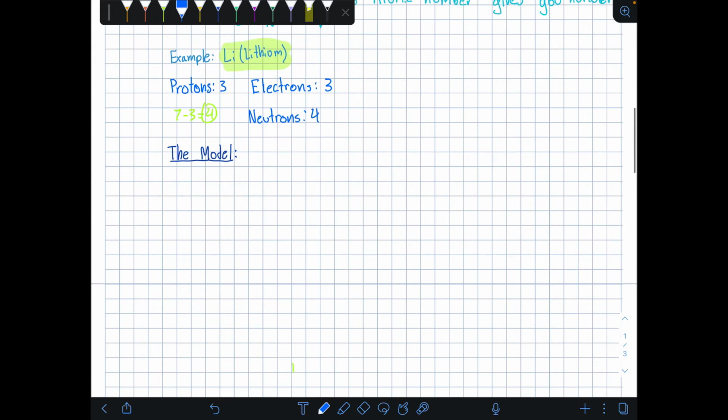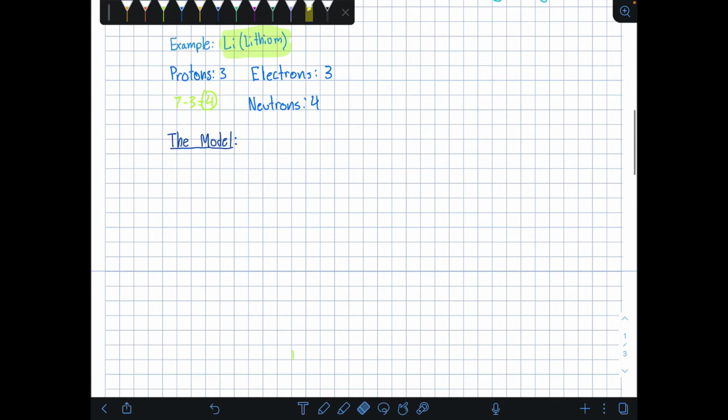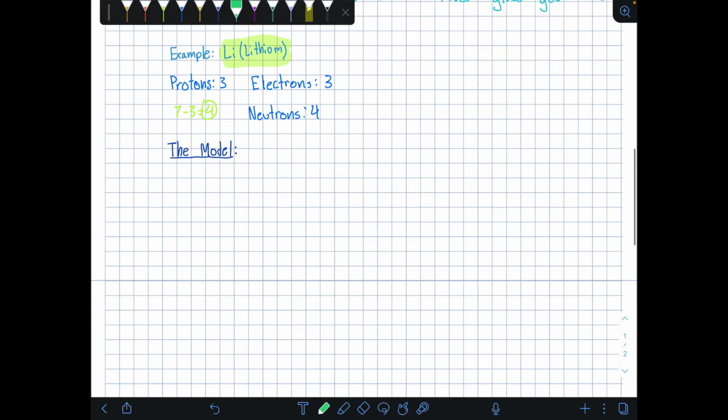So this is how you set up your Bohr model. You're going to have your symbol here, which is, in this case, O for oxygen, and now you need your number of protons and neutrons. What is your number of protons?